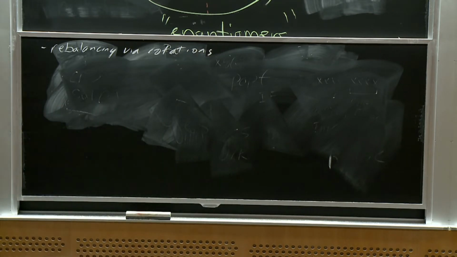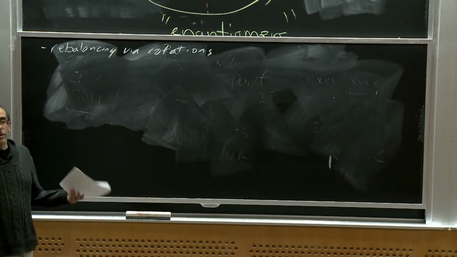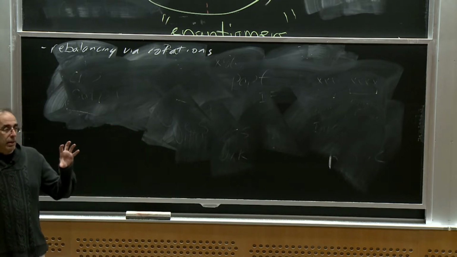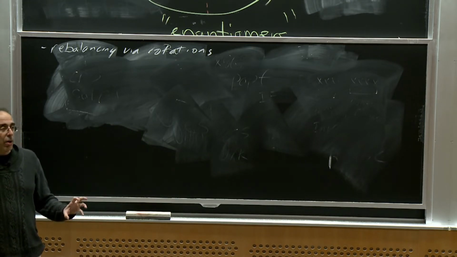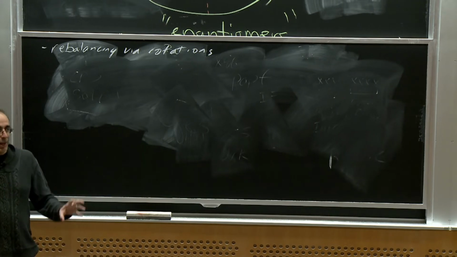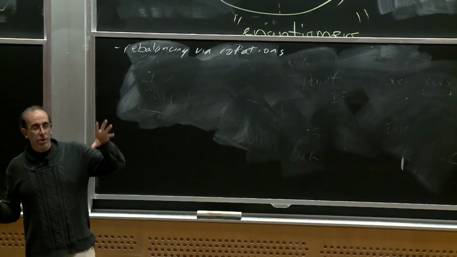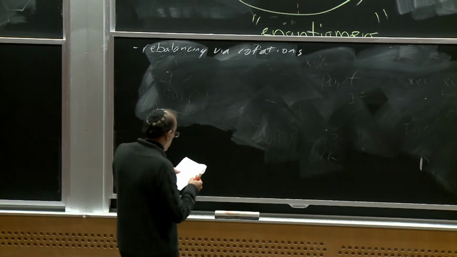And of course, this is what our other balanced data structures do. They see the tree is out of balance, they perform a rotation that basically takes a big subtree that's too low in the tree and rotates it so that it's higher. And so you've shortened the tree overall.